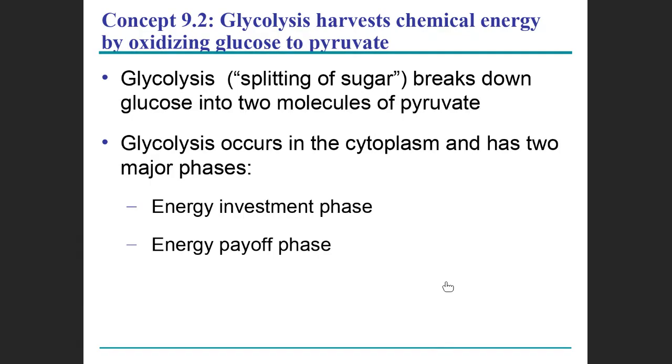So the cell needs to make ATP. If you think of ATP as money, how does that old expression go? What do you need in order to make money? Right, you need money to make money.